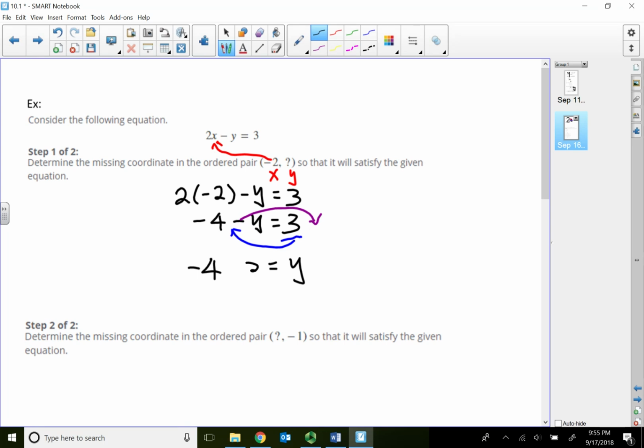When +3 comes over, it becomes negative. Combine like terms again: -4 minus 3 is -7. So this question mark, the missing value, will be -7. What that means is (-2, -7) is actually a point on the line.